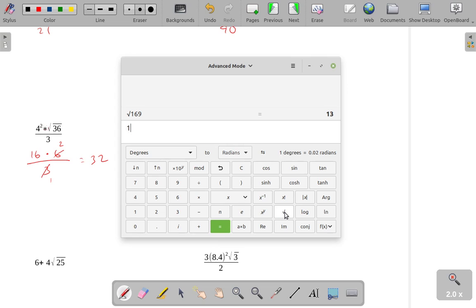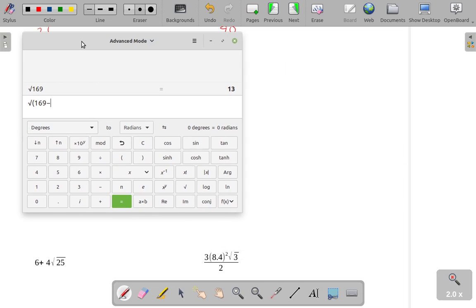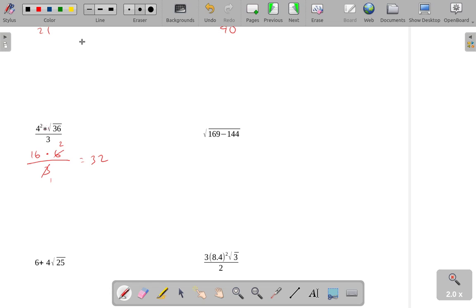If I wanted to have multiple parts, both addition and subtraction here, if I wanted to do 169 minus 144, then you can see we get 5. Whatever, I don't know why I did a square root of 169, because that's not what we're after here.